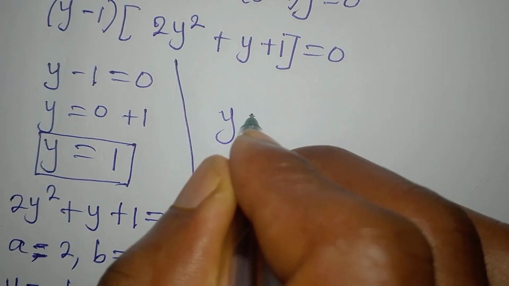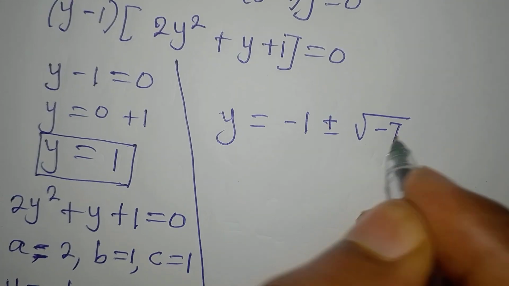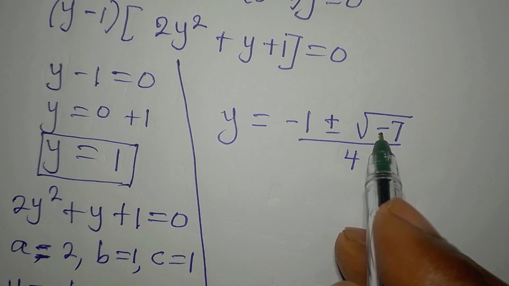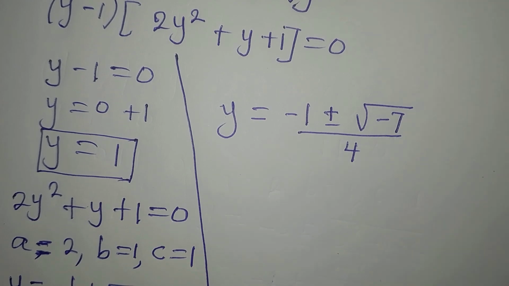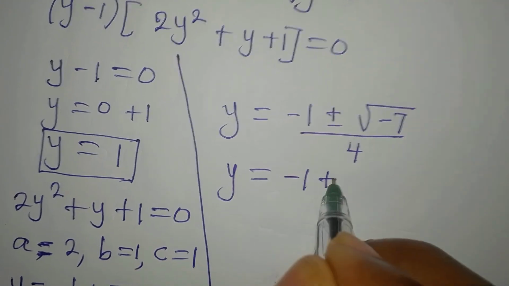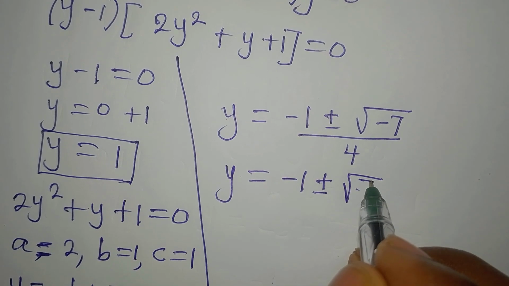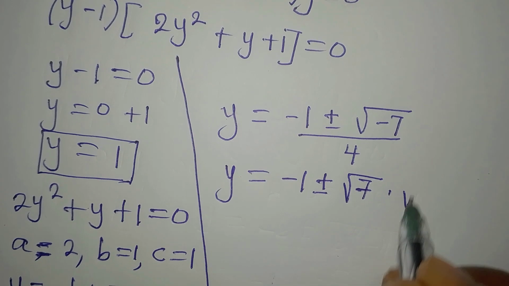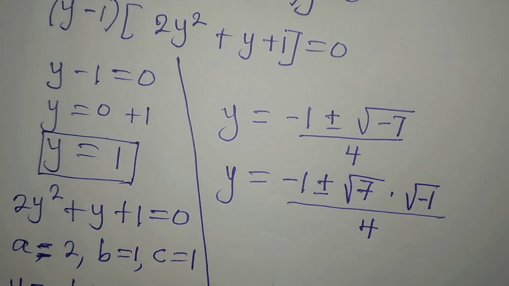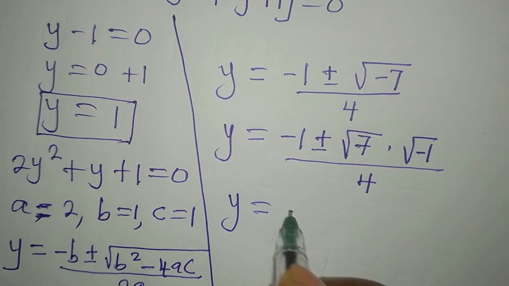Remember, we had y equal to minus 1 plus or minus square root of negative 7 over 4. Now, let's pick out this negative. Since we cannot press the square root of negative 7 with our calculator, y will now be minus 1 plus or minus square root of 7 multiplied by square root of negative 1, over 4.